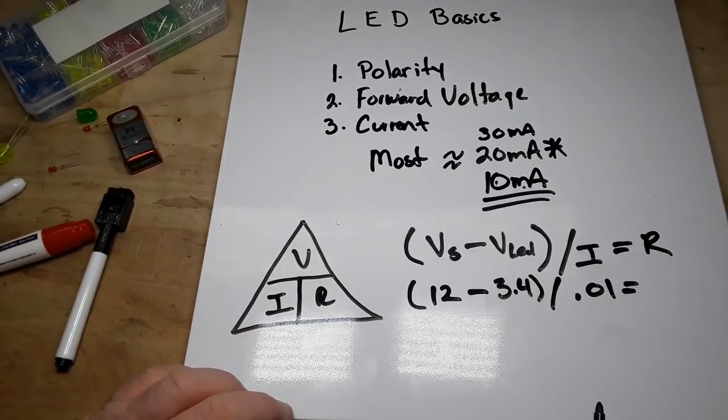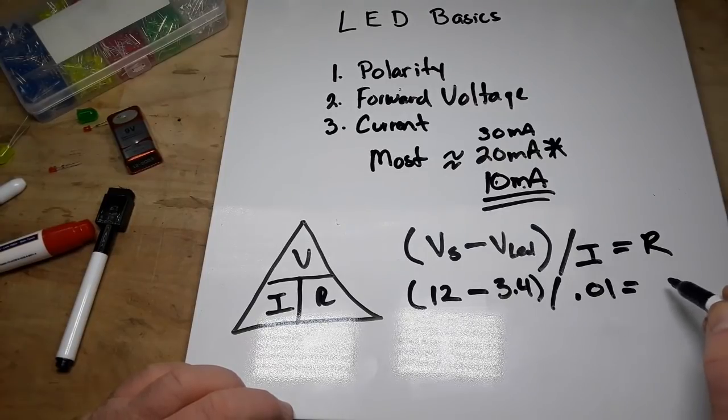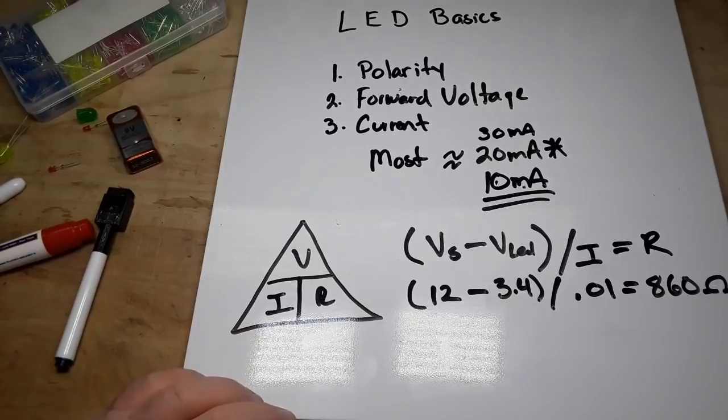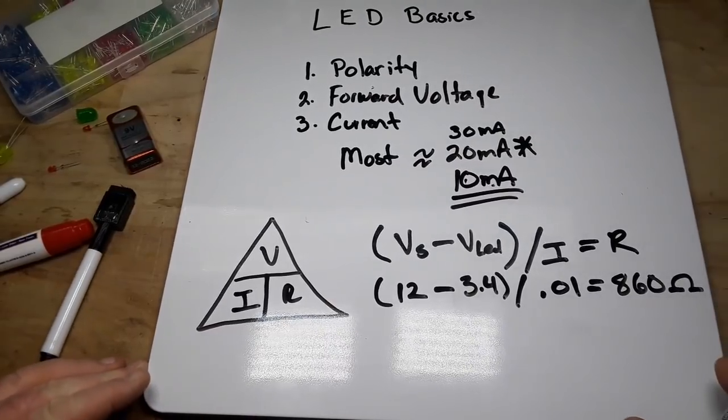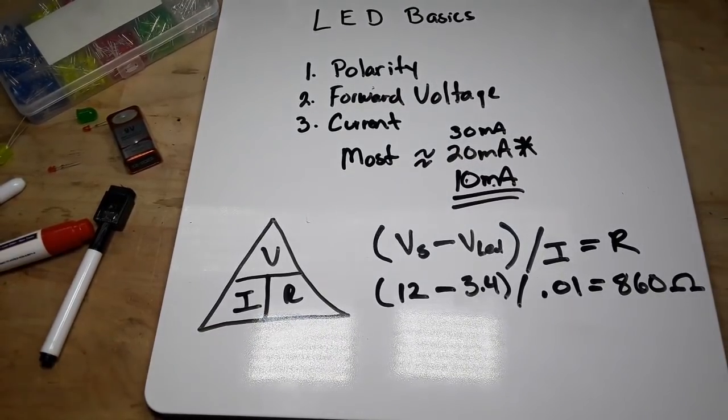Do the math. I'll wait for you. Break out a calculator if you have to. But it's going to give us about 860 ohms to get us that nice 10 milliamp current that we're looking for. What if you don't have an 860 ohm resistor?